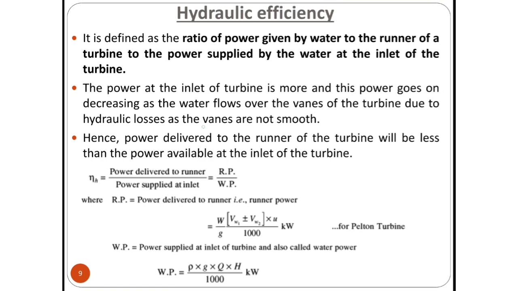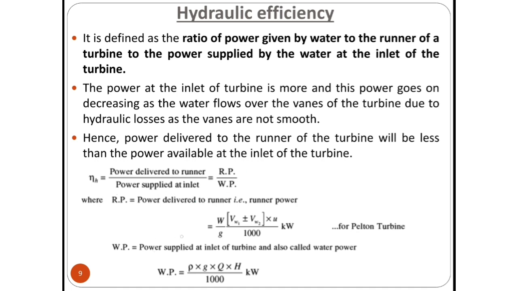So hydraulic efficiency is nothing but the ratio of power delivered to the runner divided by power supplied at the inlet. In short, we can take it as RP, runner power, divided by WP, that is water power. So hydraulic efficiency is equal to runner power divided by water power.